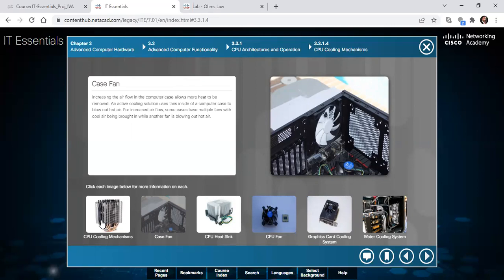See, we talked about the casing the other time, so we're coming back to some of the techniques, all right? The mechanism of cooling a CPU. First is a case. You must have a case that has a fan. Very important. I mentioned it the last time we were talking about the case in chapter 1. Your case must have a fan.